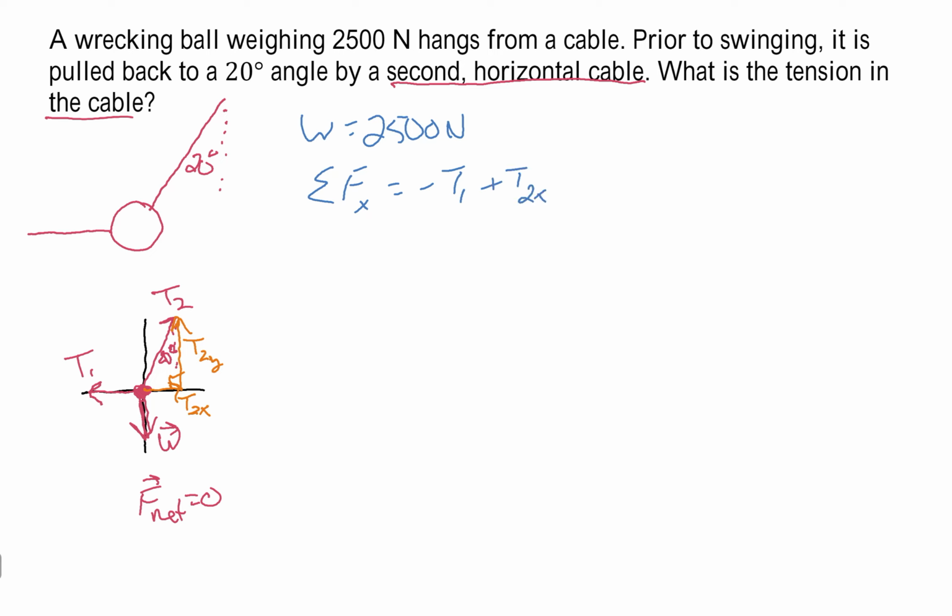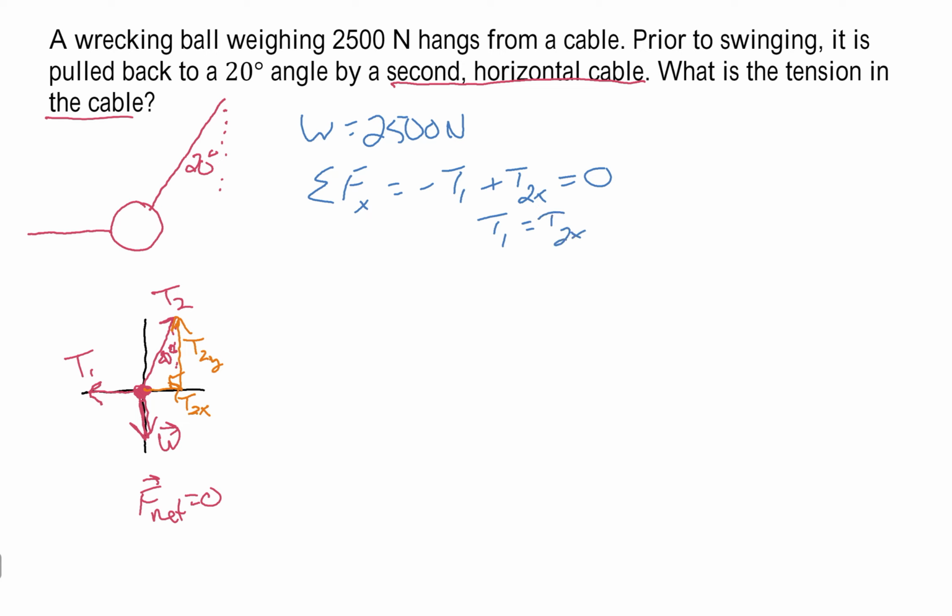That's all the forces that are acting in the x direction. Now, this ball is not moving, as we know, so that would equal ma, but acceleration is going to be 0, so equals 0. Now we can solve for T1 or T2x, it doesn't matter. Either way, if I add T1 to both sides, I have T1 equals T2x. Okay, now that's important for us.